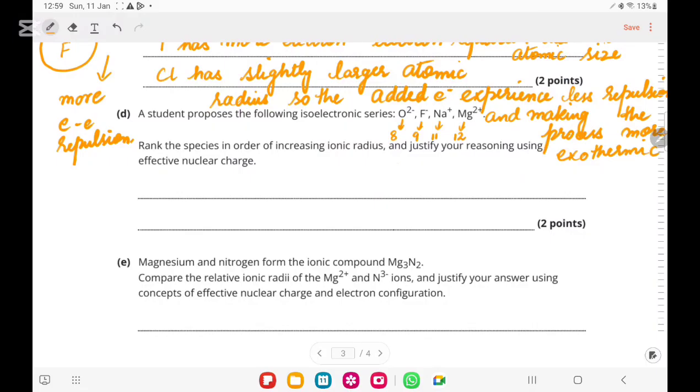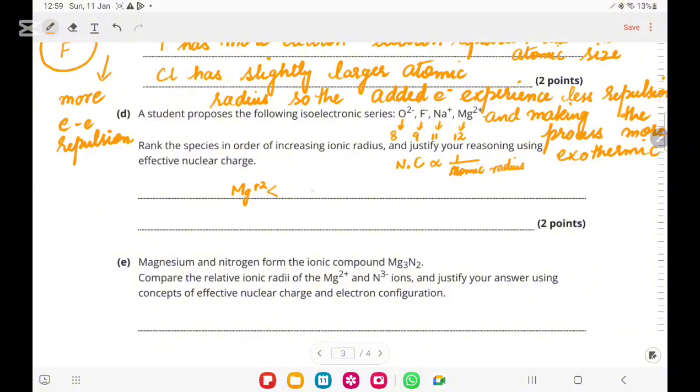So we know the greater the nuclear charge, the smaller the atomic radius. So the one with the greatest nuclear charge, Mg plus 2, is going to have the smallest atomic radius.